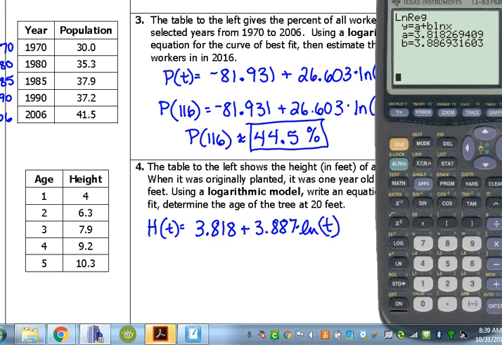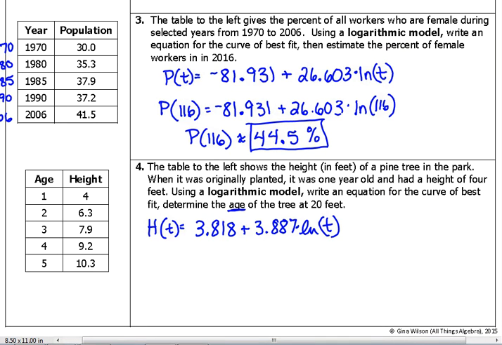Now it says determine the age of the tree at 20 feet. So do we plug 20 into our equation for t? Is 20 feet a time?